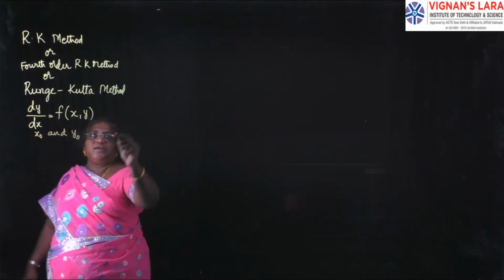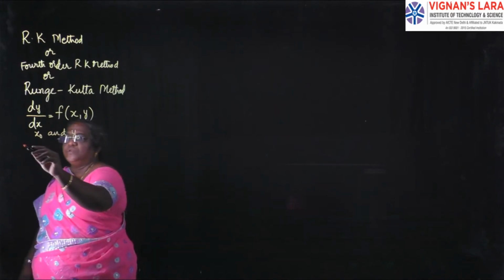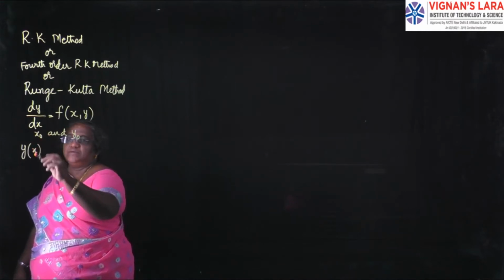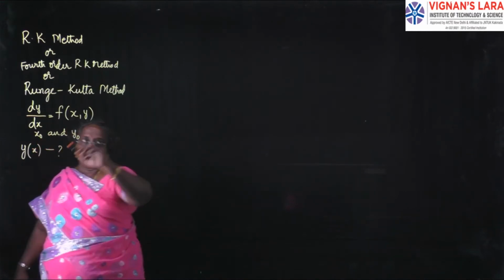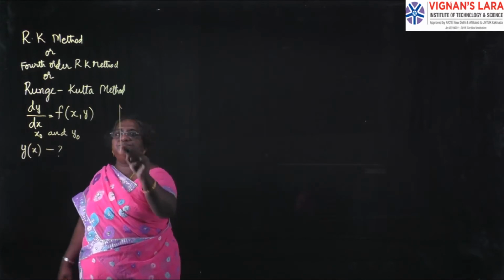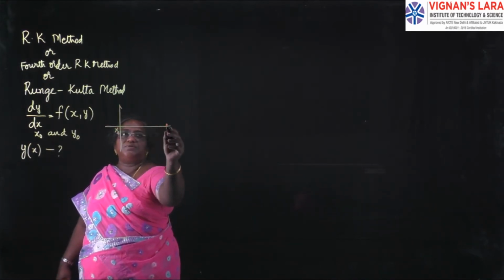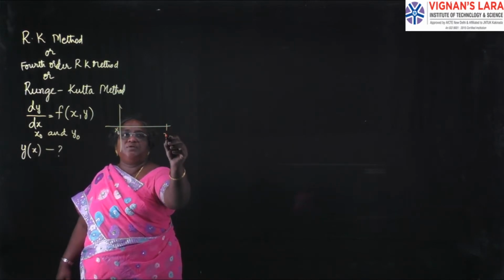Now our aim is to find y at some desired value of x. We start at x naught, and you are supposed to find y corresponding to a value of x.